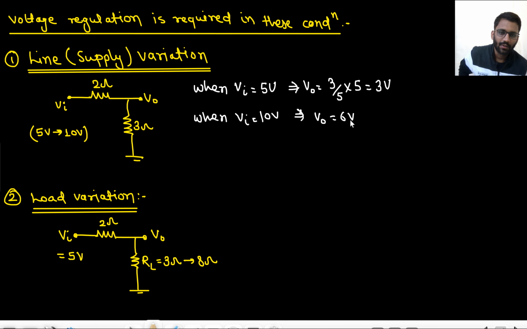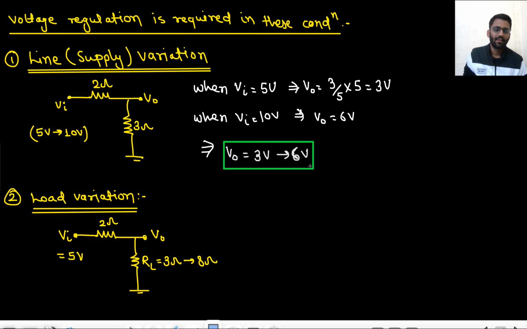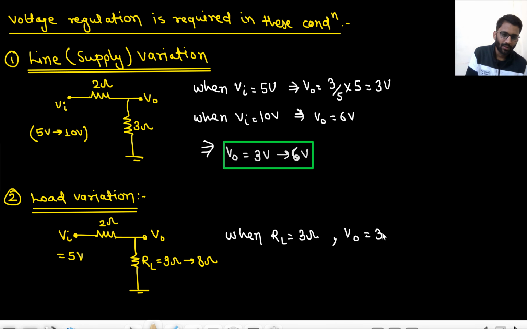Output was 6 volt. So basically your output is varying from 3 volt to 6 volt, and you do not want that, right? Now my input is fixed, still my output can vary when my load is varying, so that is load variation. If my load RL is 3 ohm, my output will be 3 volt.